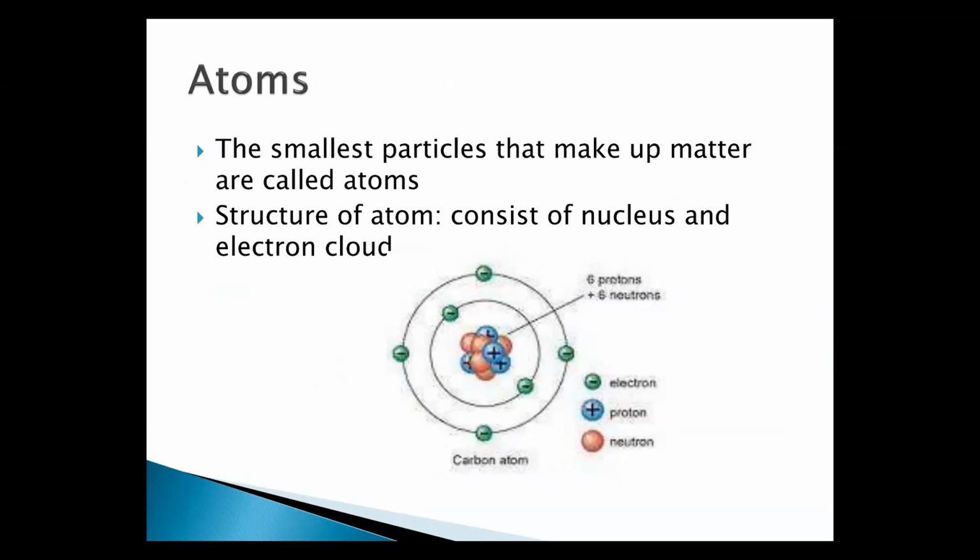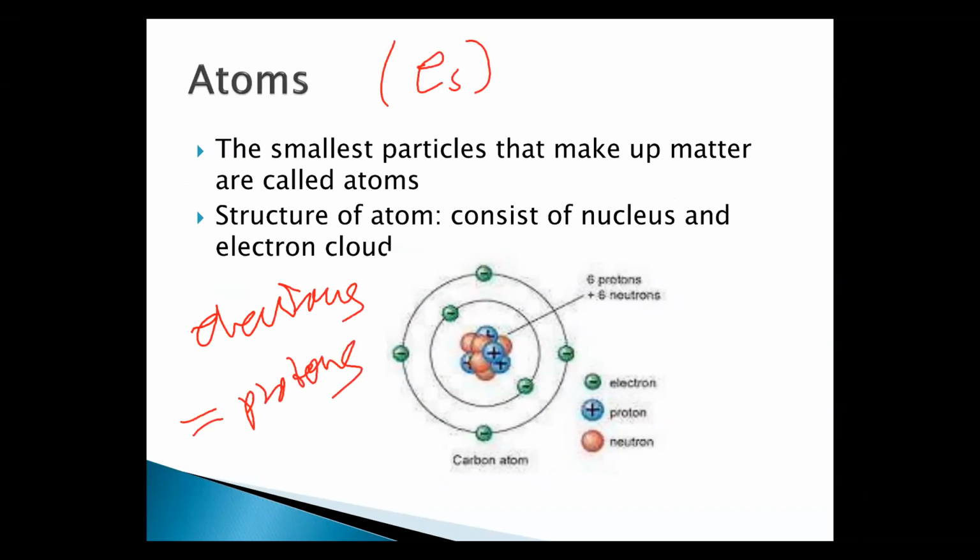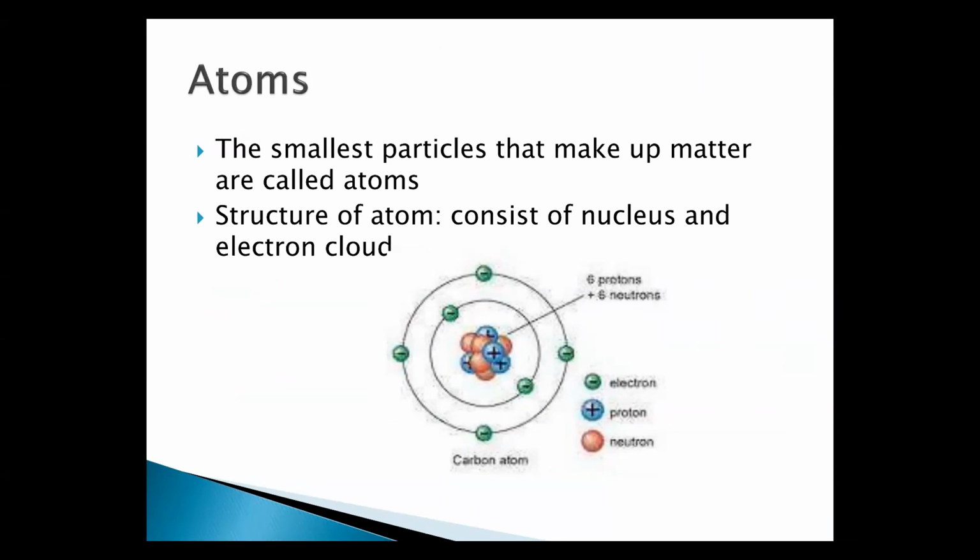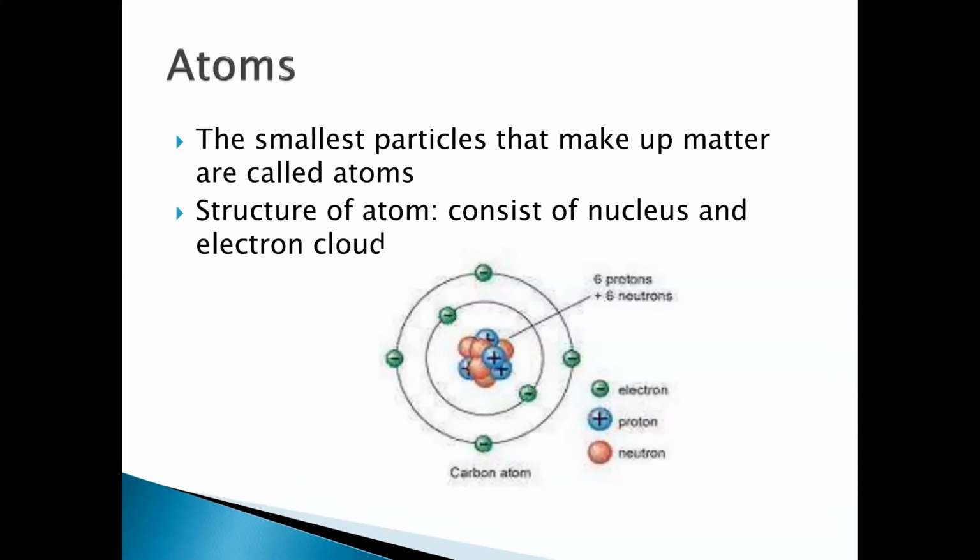The number of E's, electrons, is equal to the P's, the protons. Must always remember that, such that at the end of the day, the charge is zero. The positive balances the negative. It's more important.